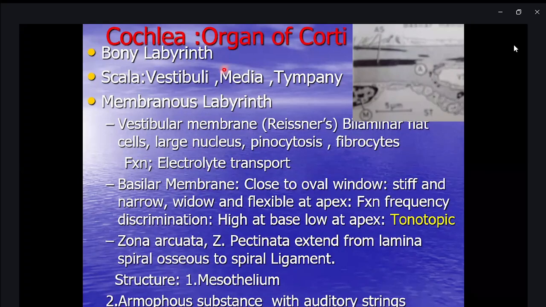So the scala vestibuli, scala media, and scala tympani are the cavities in which we have fluid. Scala media contains endolymph. Scala vestibuli and scala tympani contain perilymph.